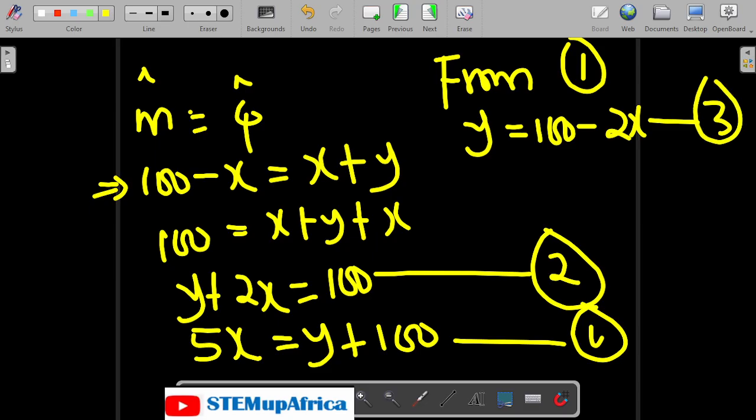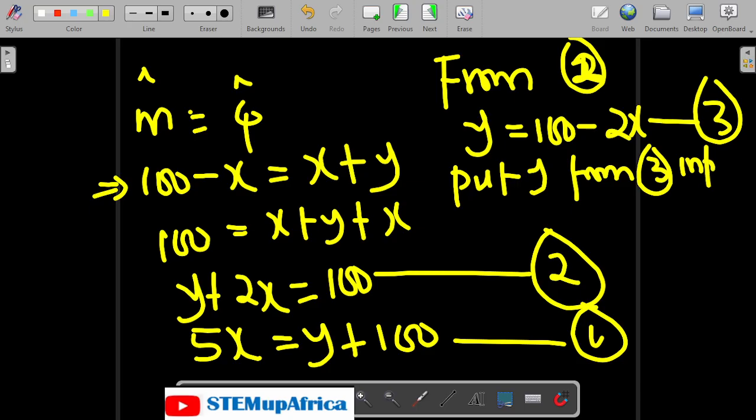So I will put y from 3 into 1. Put y from 3 into 1. So here I see I'm writing 100 minus 2x.